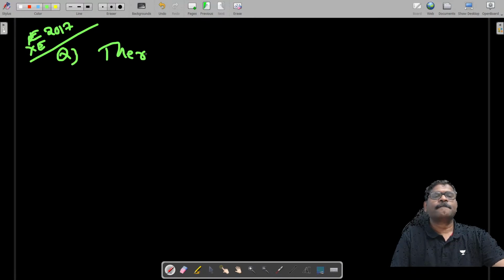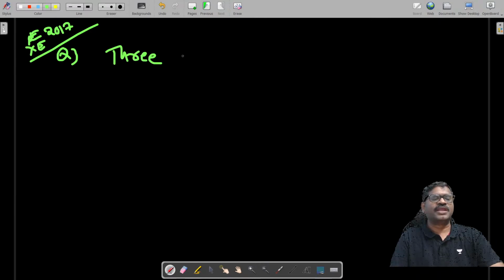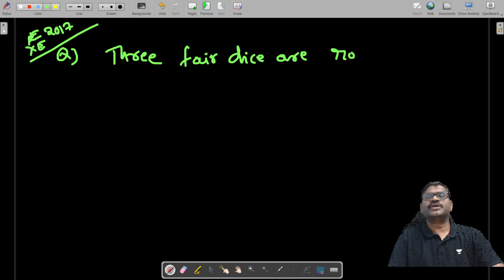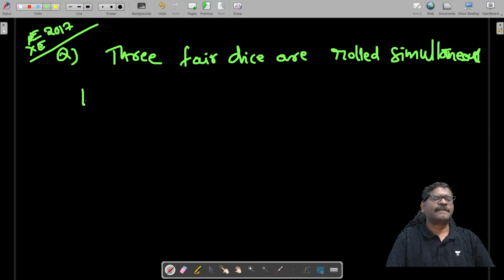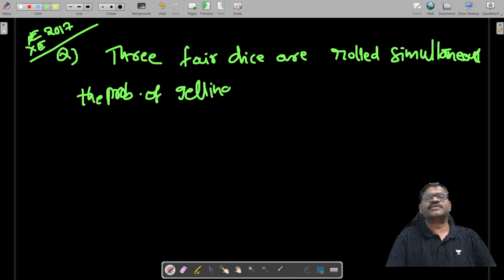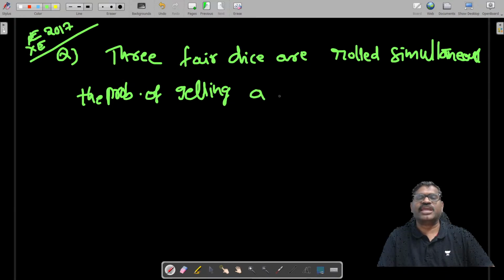3 fair dice are rolled simultaneously, the probability of getting a sum 5 is.